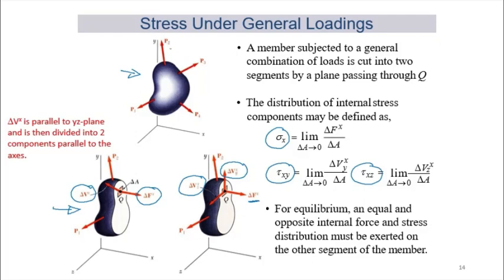Now for the shear stresses, the nomenclature here, the symbol says x, y, right? Now the first subscript x tells us the direction of the plane where the stress is acting.